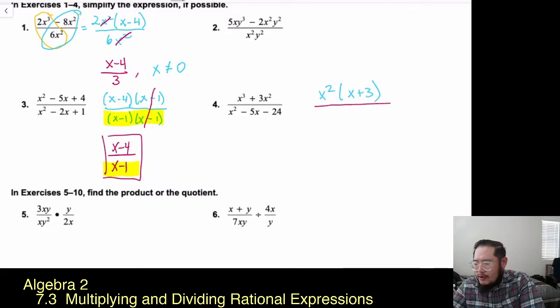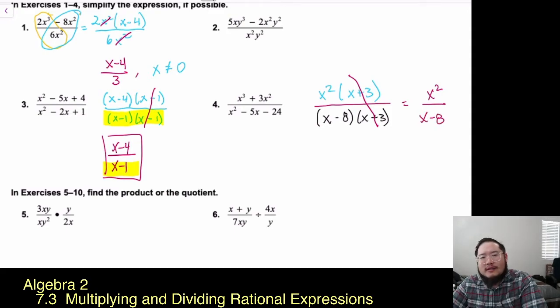Factors of negative 24 that add up to negative 5: we have x minus 8 and x plus 3. The x plus 3's cancel out, and I'm now left with x squared over x minus 8. There's my answer.